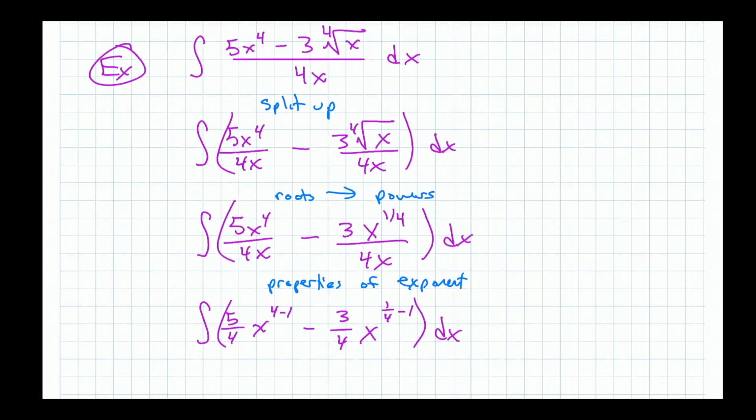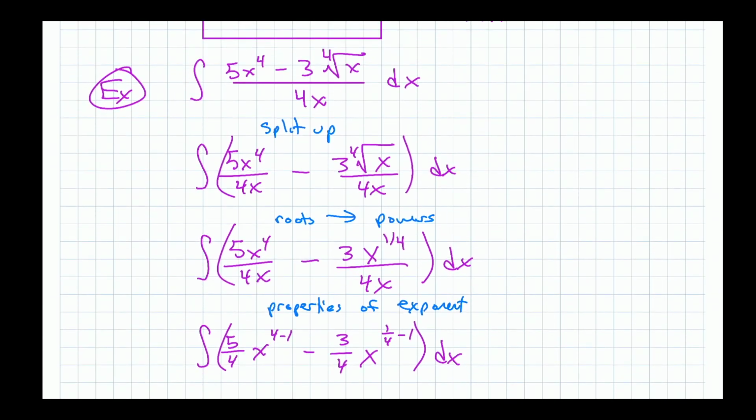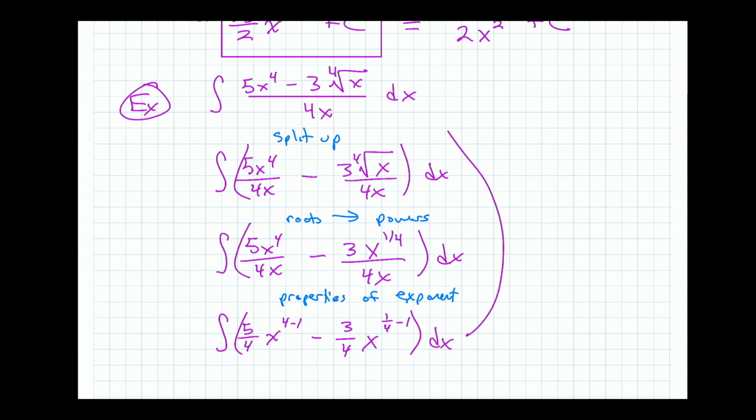There's plenty of room on the right, it looks like, so come on, move. So we'll come up here. We're gonna have, what are we gonna have? We have 5 over 4 x to the 3 minus 3 over 4 x to the 1/4 minus 1 is negative 3/4, like that. And now we can do our power rule, which is actually finding the antiderivative.